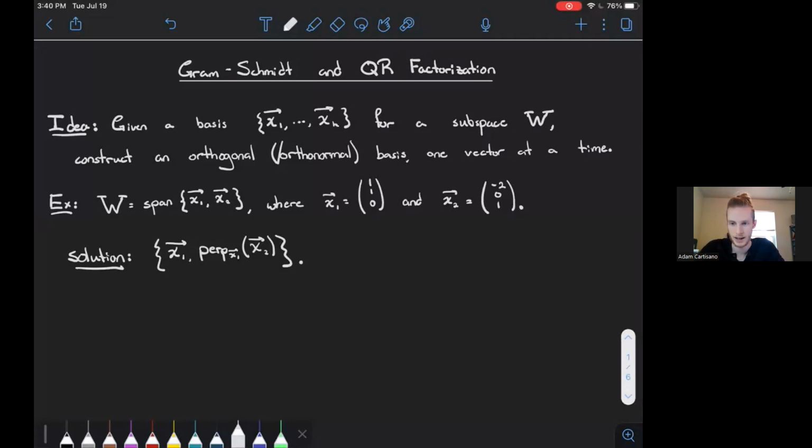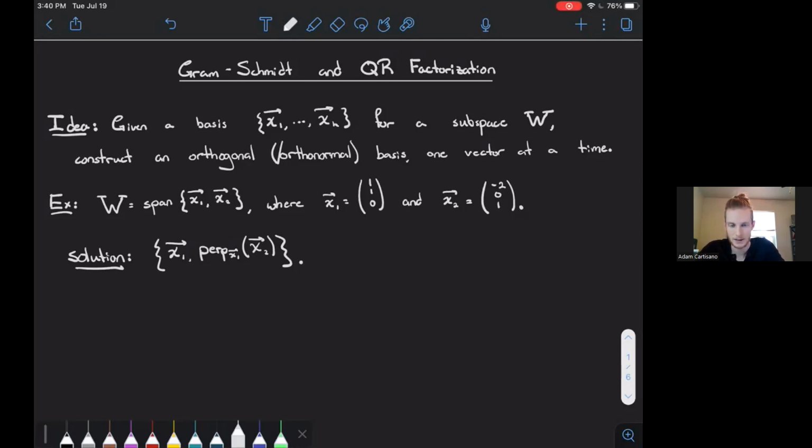We've kind of been singing the praises of orthogonal bases, and these orthogonal matrices have these wonderful properties. Well, the problem is we don't know for sure that every subspace has an orthogonal basis.